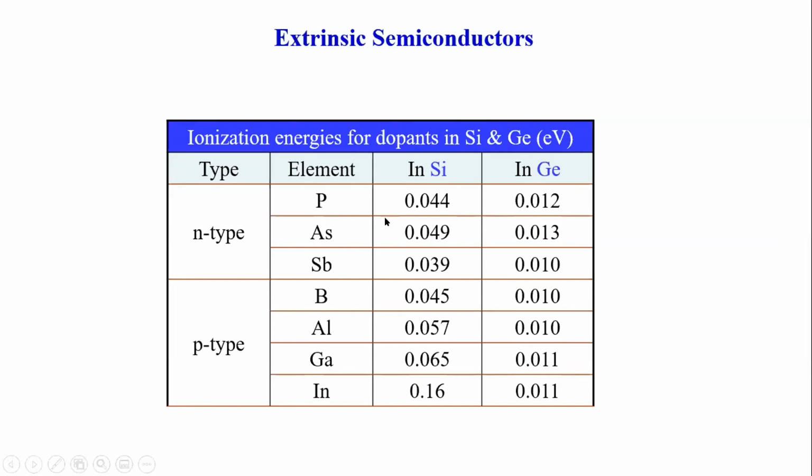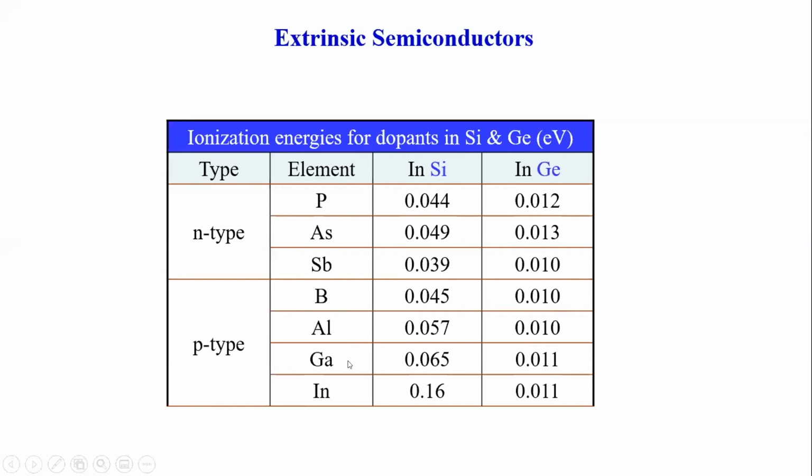In the case of phosphorus, we approximated around 0.05, but it is actually 0.044 eV, arsenic is 0.049, and antimony is 0.039 in the case of n-type silicon. You can see how near to the conduction band it is in germanium. If you give this amount of energy, the electron will move to the conduction band, or be free to move.